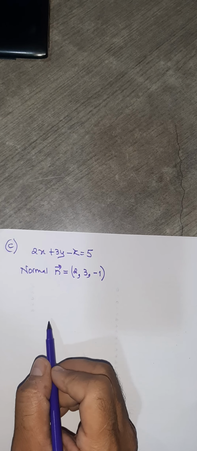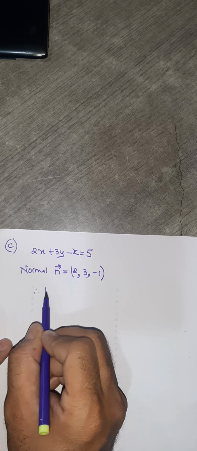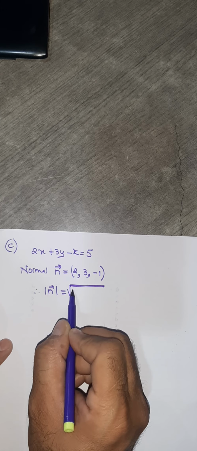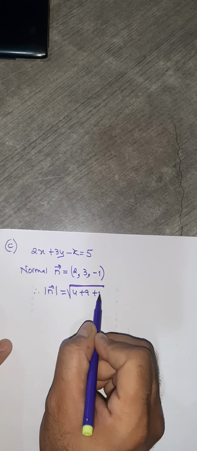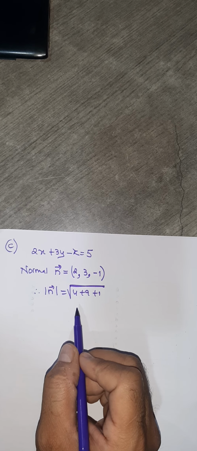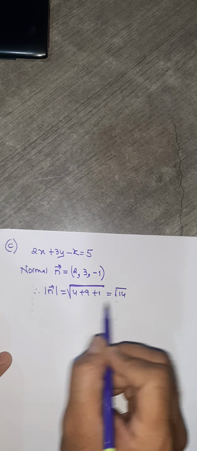Now this is not a unit vector, you can see directly by observation. So we need to get its magnitude. Here you have 4 plus 9 plus 1. That's the magnitude, root of a square plus b square plus c square, which is nothing but root 14.